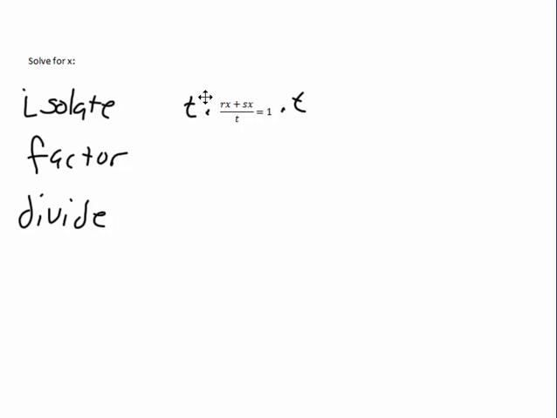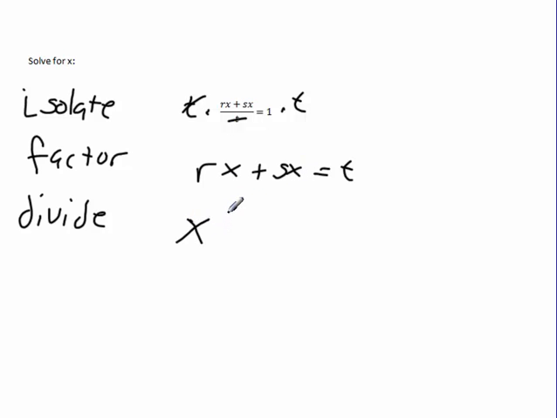And when I do that, that clears the denominator, and I'm left with Rx plus Sx equals t. Now I've isolated, now I want to factor this x out of both of them. So this is the undoing of distribution.